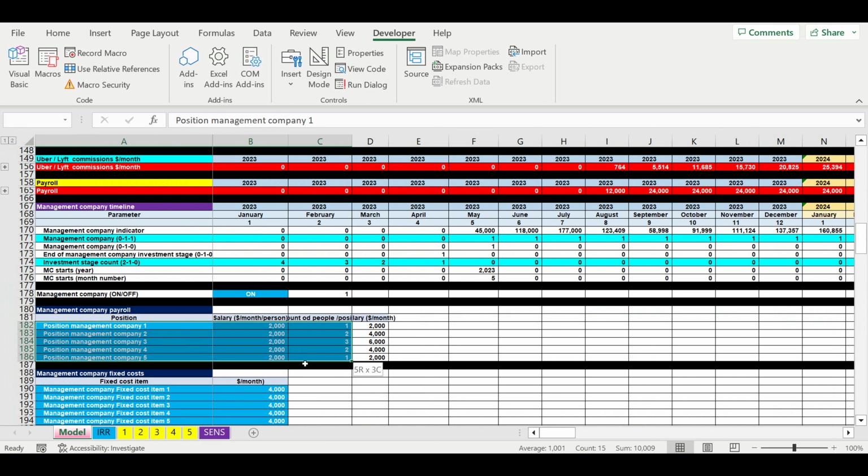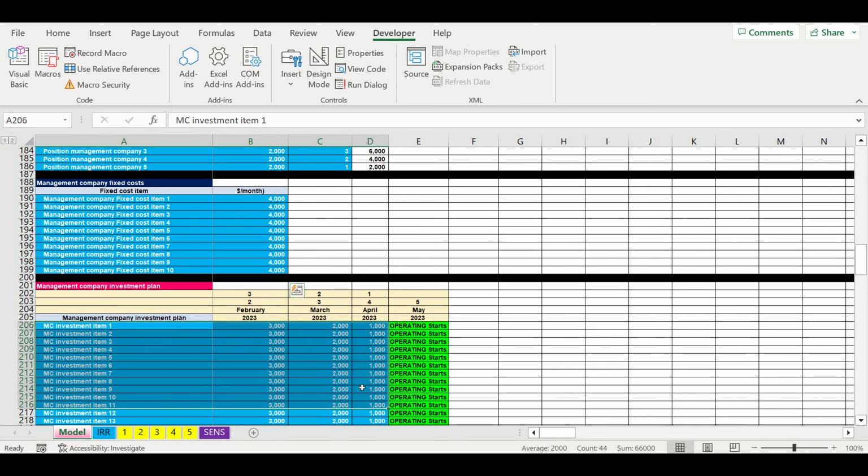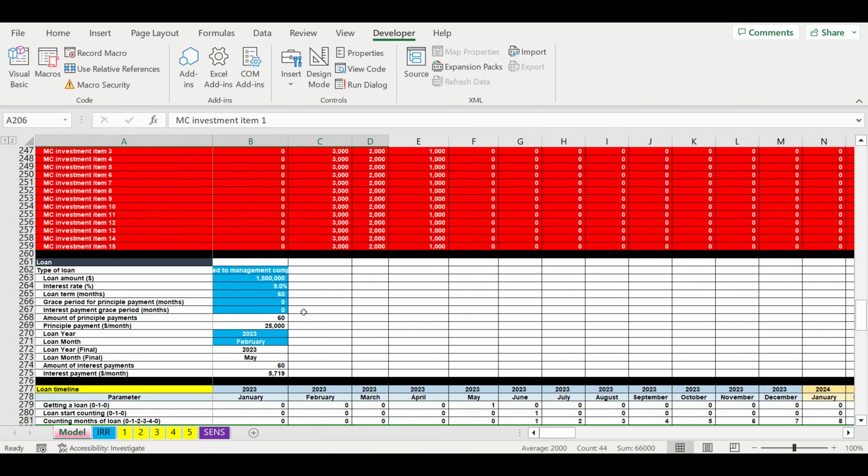We have management company investment plan. Then we can specify a loan. The general loan for the business can be linked to the management company, or it can be absolutely independent, live independently. So here we specify the amount of loan, interest rate, term of loan, grace period for principal payments, interest payments, and when we get this loan, if it lives a separate life.